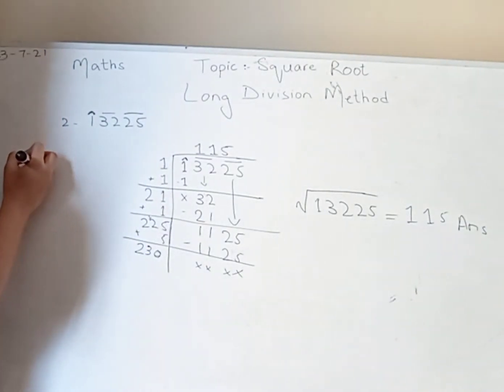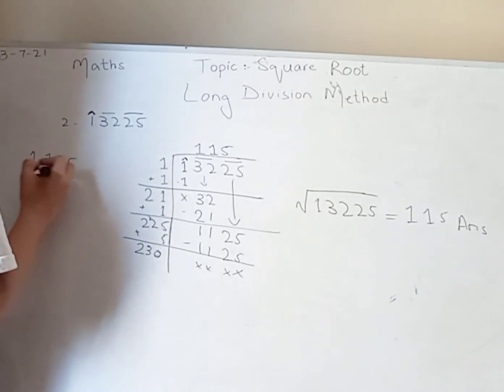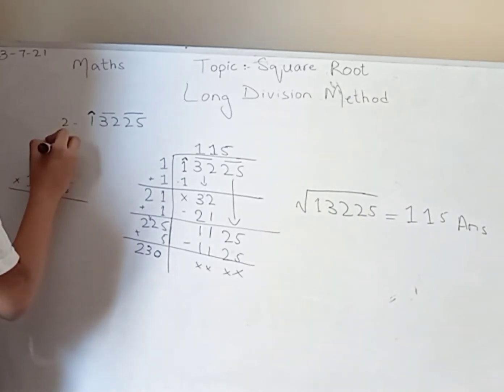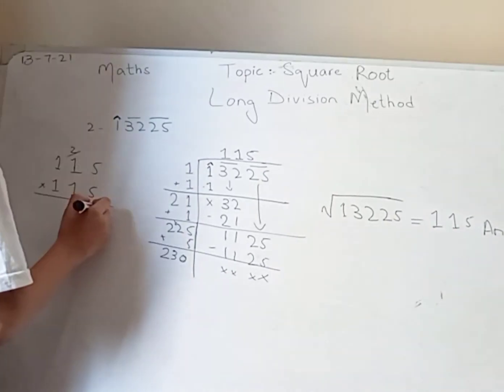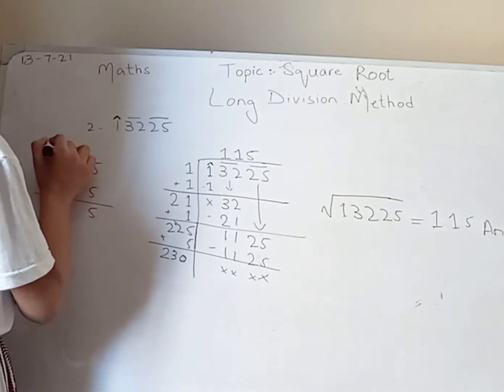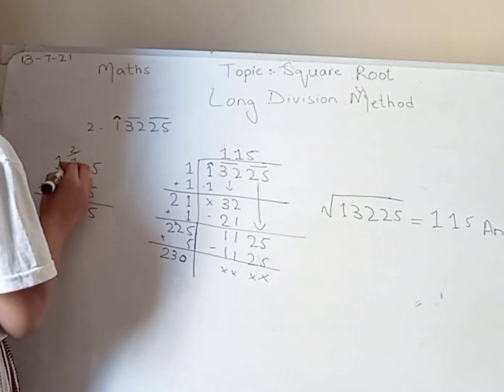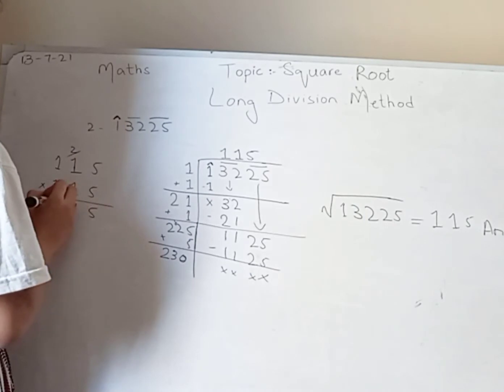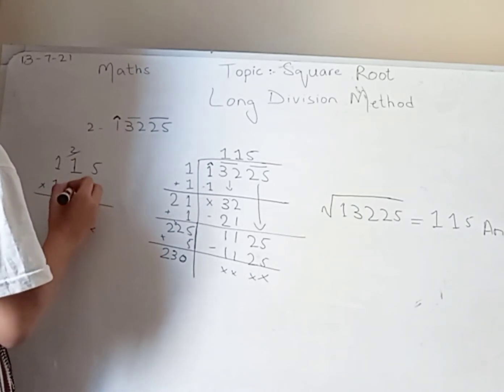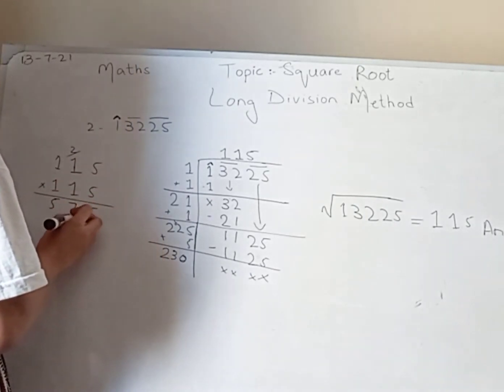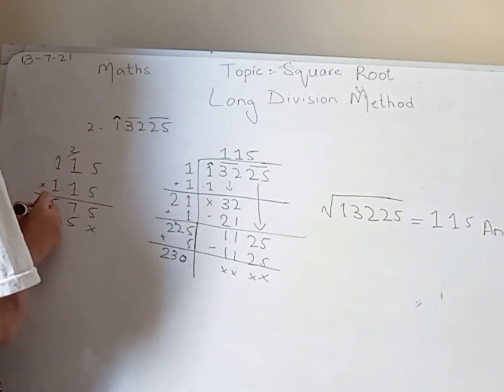1, 1, 5. Multiply this number with its own number. 5 times 5 is 25. 1 times 5 is 5. 1 times 1 is 1. 1 times 1 is 1.